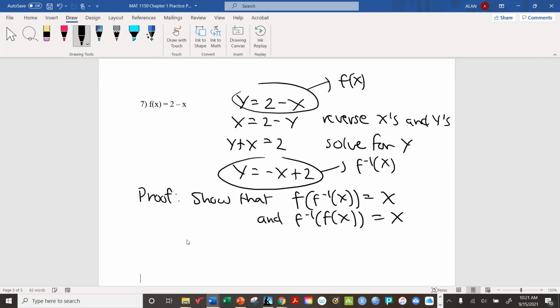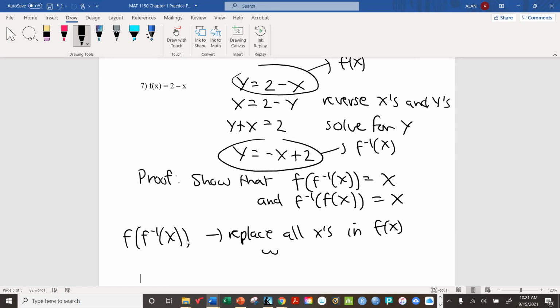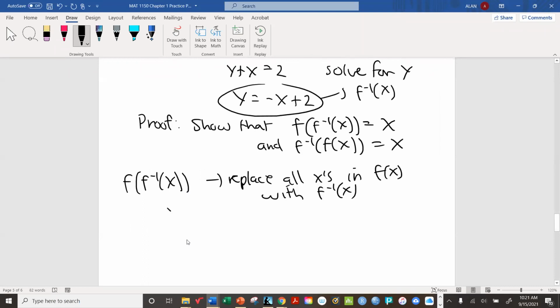All right, so let's do the first one. f of f inverse means replace all x's in f of x with f inverse of x. So the original function was, sorry, y equals 2 minus x.